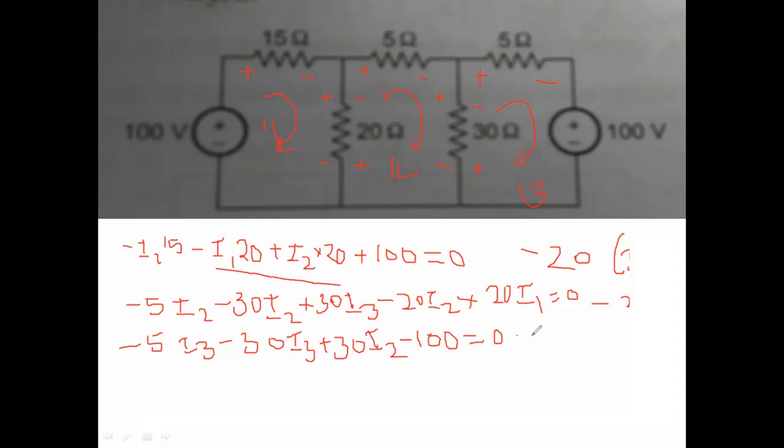So this is the third equation, and this is the first equation. We have to simplify these three equations.